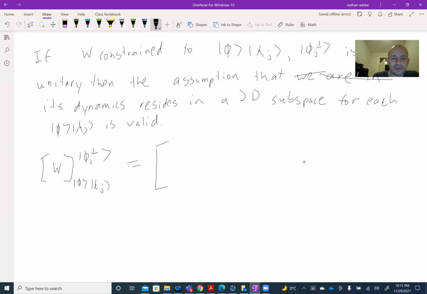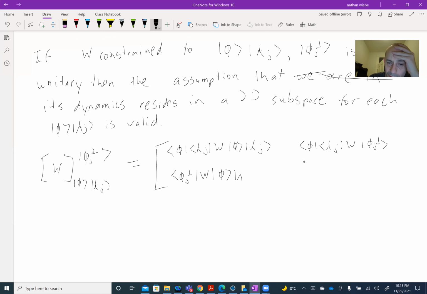The matrix W inside this subblock can be written as phi lambda j W phi lambda j, phi lambda j W phi j perp, phi j perp W phi lambda j, and then phi j perp W phi j perp. I'm just computing all the individual matrix elements.